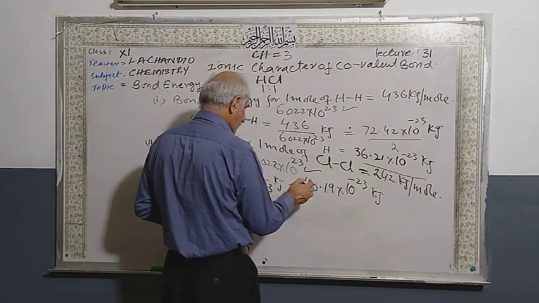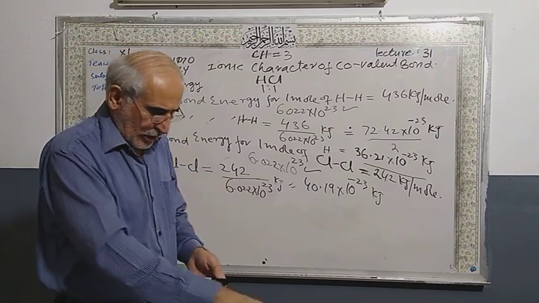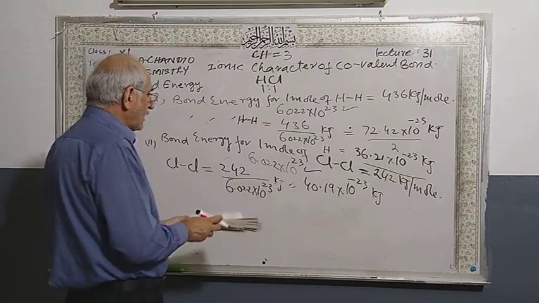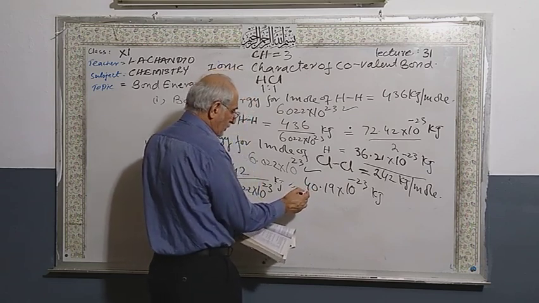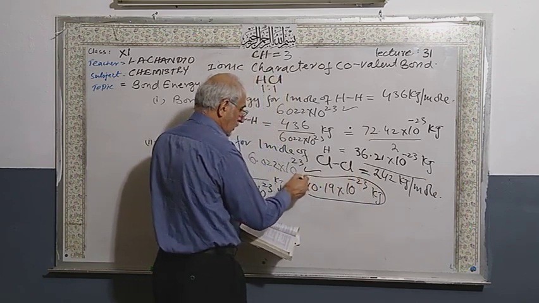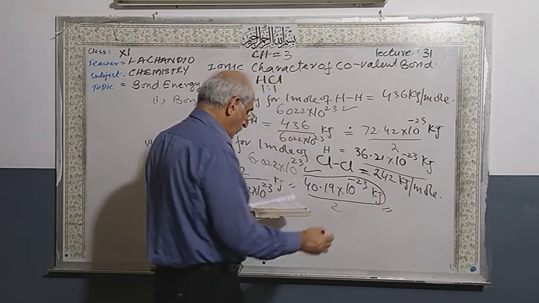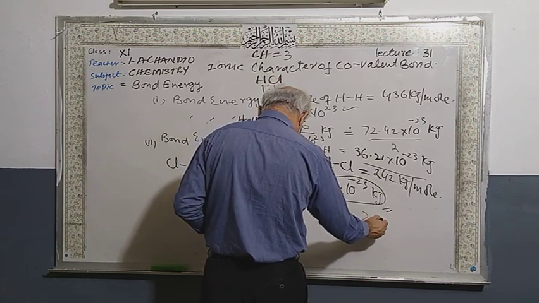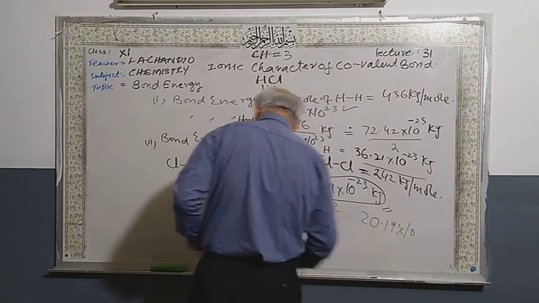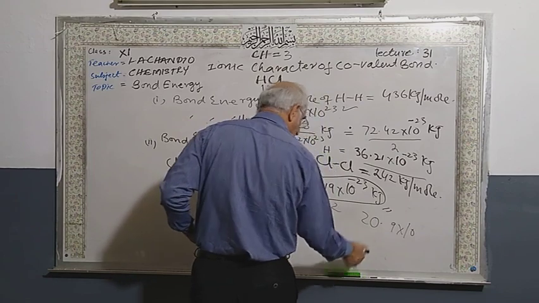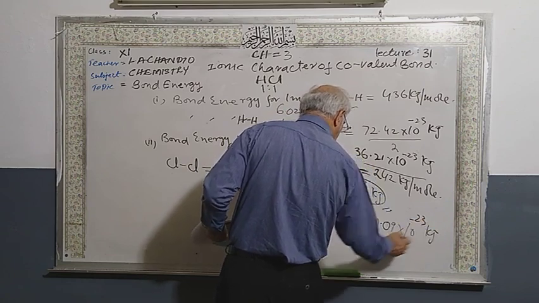This is for the chlorine molecule, and after dividing by 2, the same as I did for hydrogen, you will get 20.09 into 10 raised to the power minus 23 kilojoules.